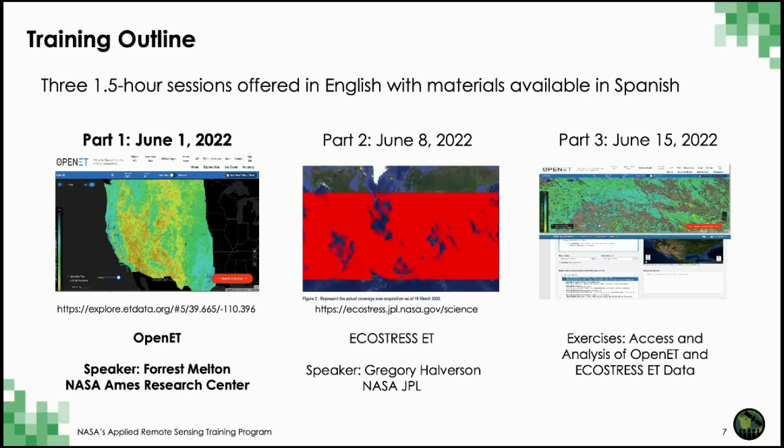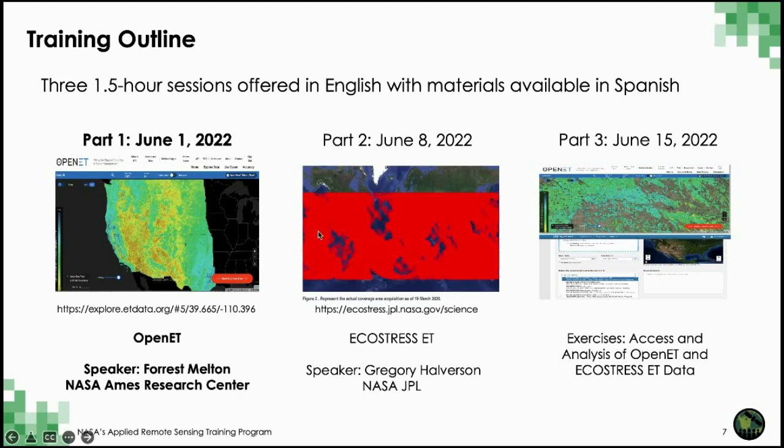The training outline is given here. There will be 3 sessions, each 1.5 hours long, and they will be offered in English with materials available in Spanish. Today's session will be about OpenET, and it will be presented by Forrest Melton from NASA Ames Research Center.